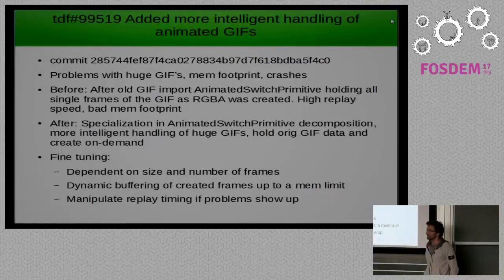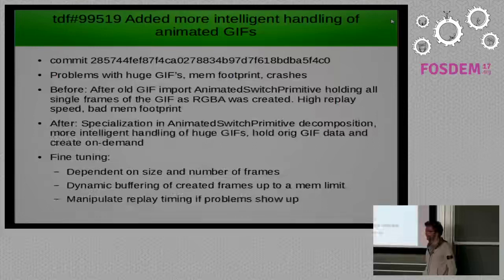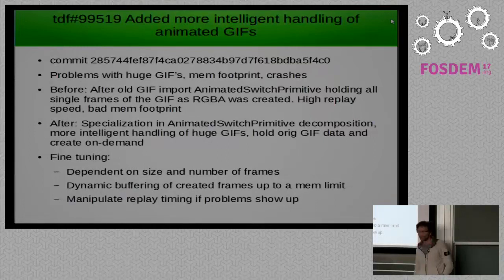There are memory limits set, and frames get thrown away when they are not used for a long time, and all that dynamic buffering stuff, which works pretty well. And even the replay timing with the millisecond settings gets adapted when the first animation playthrough shows that it cannot be promised that the GIF is running in the mode defined in the file.